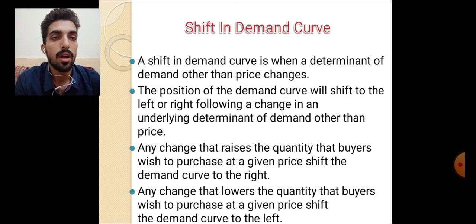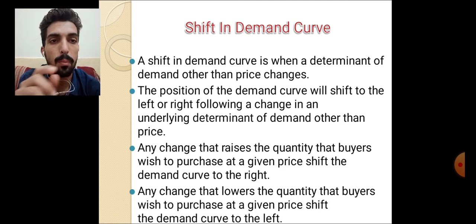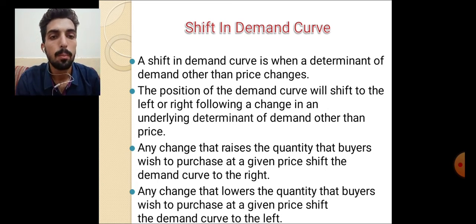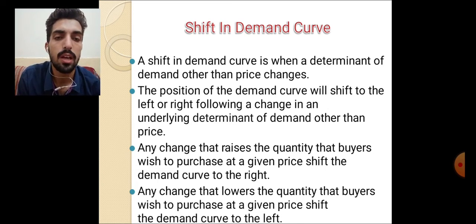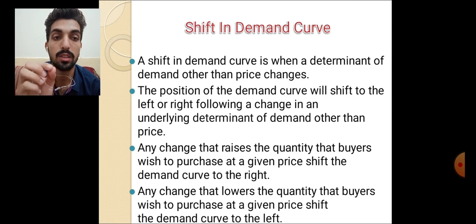Now we are going on to the shift in the demand curve. A shift in the demand curve occurs when determinants of demand other than price change. The second point: the position of the demand curve will shift to the left or right following a change in an underlying determinant of demand other than price. Third point of shift in the demand curve: any change that raises the quantity that buyers wish to purchase at a given price shifts the demand curve to the right.